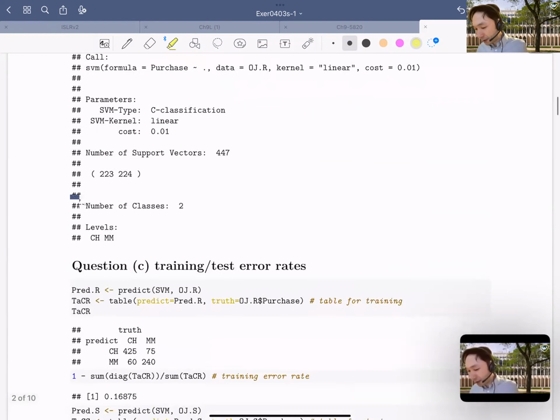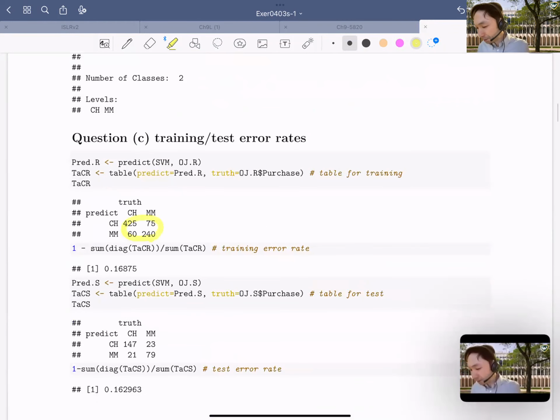This gives this table. This means 135 observations are classified incorrectly out of 800, and the training error is 0.168. Probably this number ranges from maybe 0.15 to 0.21 or 0.22, depending on how the training and test sets are set. It's just random.